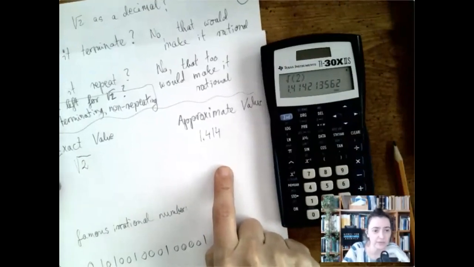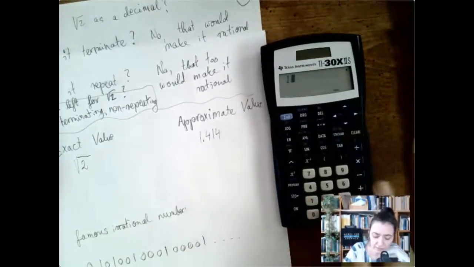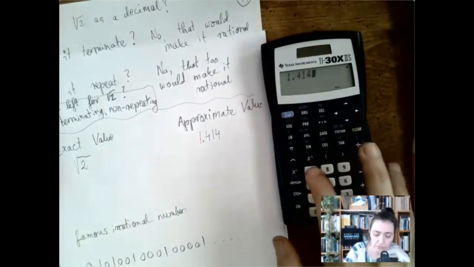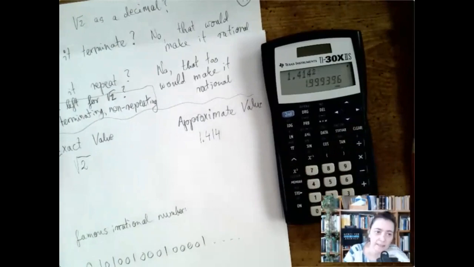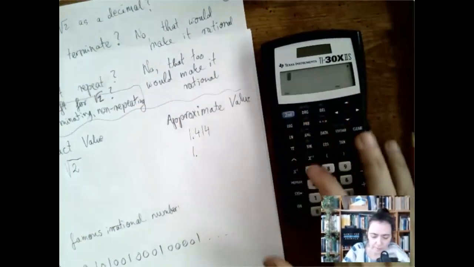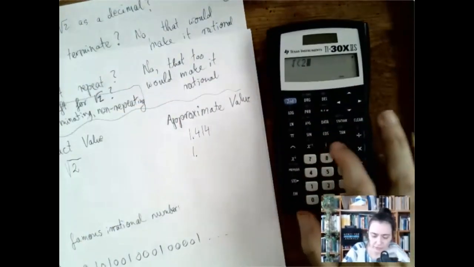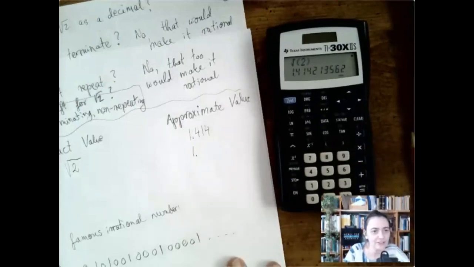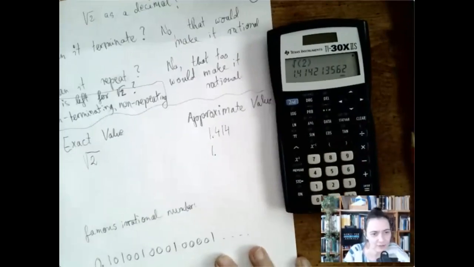This is just an approximation. Indeed, if we take 1.414 and we square it, okay, it's close, but not quite. And it doesn't matter how long you go copying the digits of square root of 2, because as long as you write a terminating decimal, that cannot be your irrational number, because terminating decimals represent rational numbers.